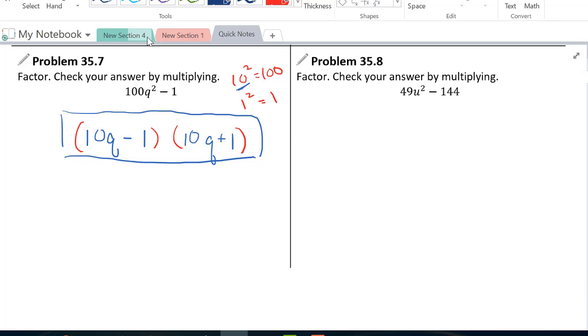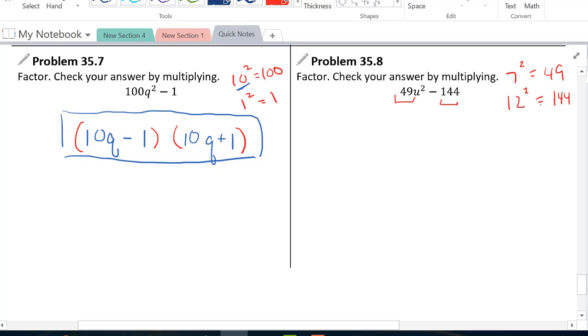Okay. Next one, same thing. Is 49 a perfect square? Yes, it is. 7 squared is 49. Is 144 a perfect square? Yes, it is. 12 squared is 144.